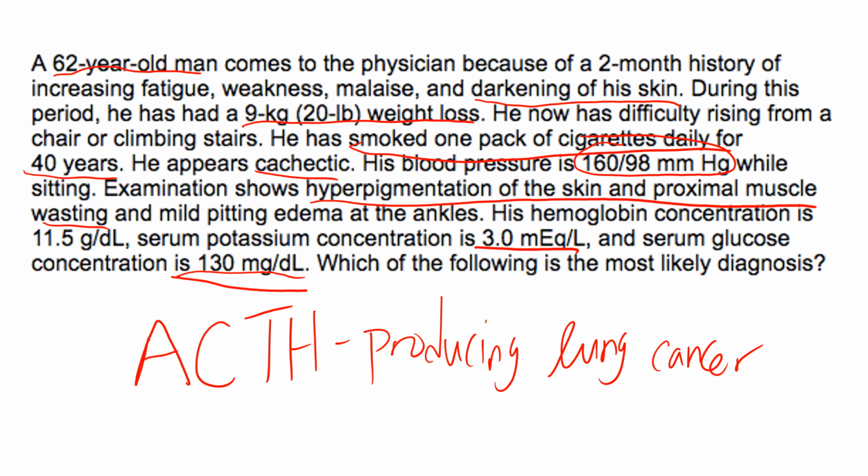And we'll talk about this next, how ACTH can lead to darkening of the skin. But this is just something I wanted to point out, that if you see someone, you think they have Cushing syndrome, they have darkening of the skin, and they have weight loss, that they may actually have an ACTH producing lung cancer causing Cushing syndrome.